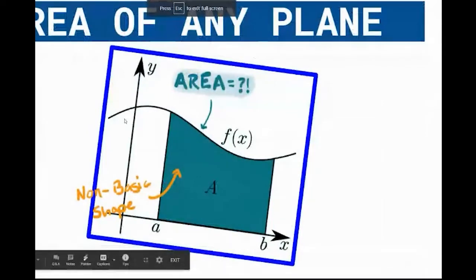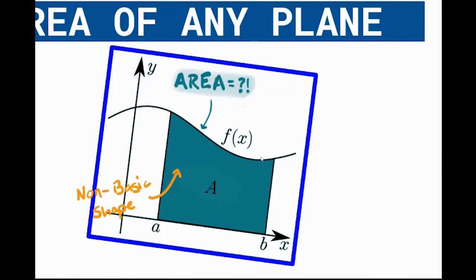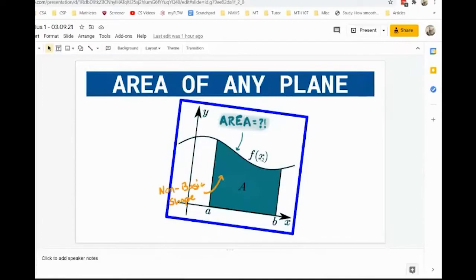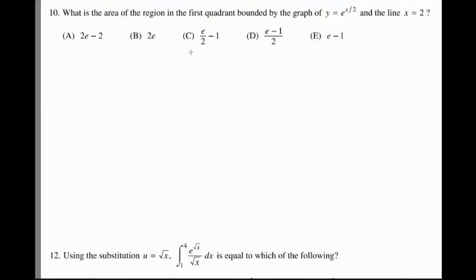So as long as you define something with a function, which you can if you have regression, you could make any points of data into a function. But antiderivatives help us find the area of a non-basic shape. So not a circle, not a square, not a rectangle, not all those things that have equations. But what's cool is if you actually use integration, you can see where those formulas come from.